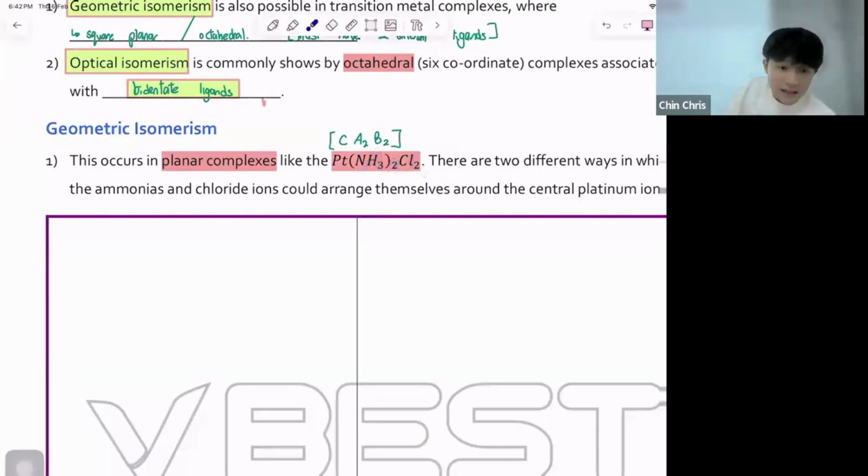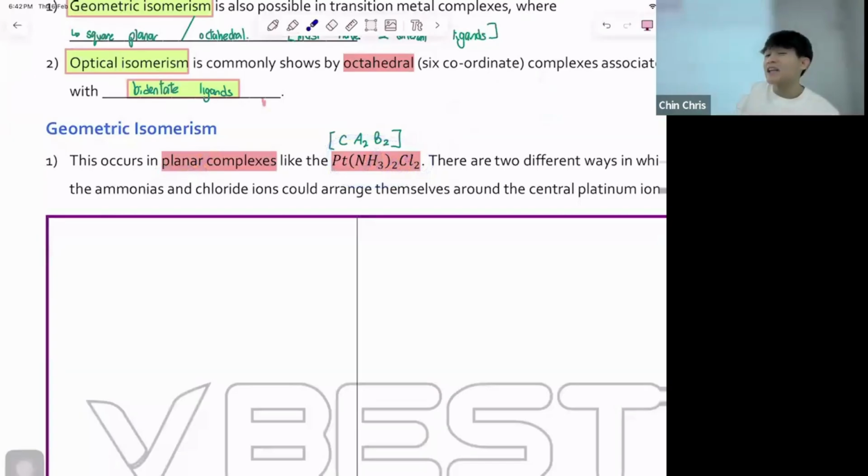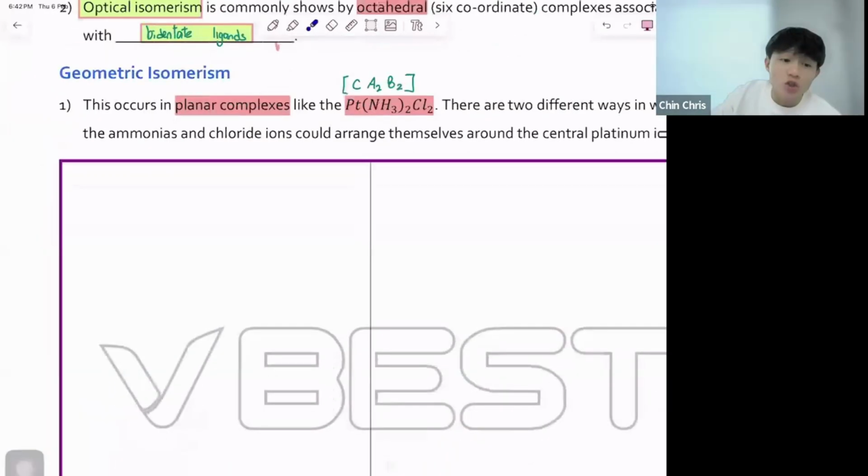Again, it must be in a planar complex, which means it cannot be tetrahedral. If it's tetrahedral, it will not show cis-trans.